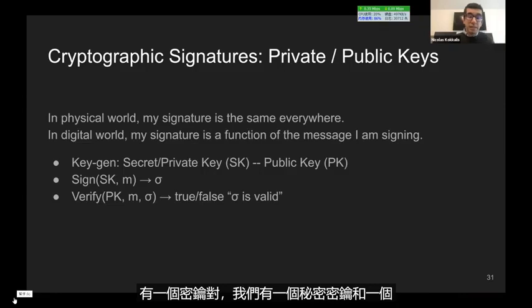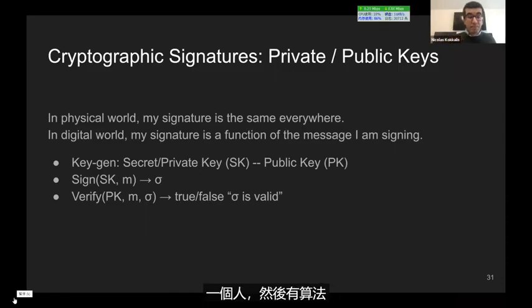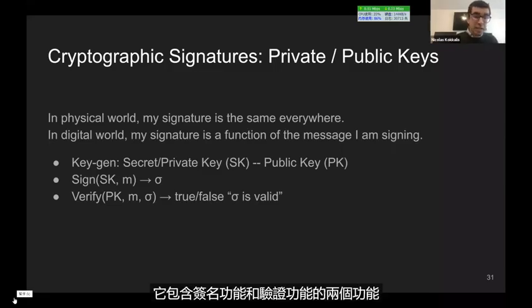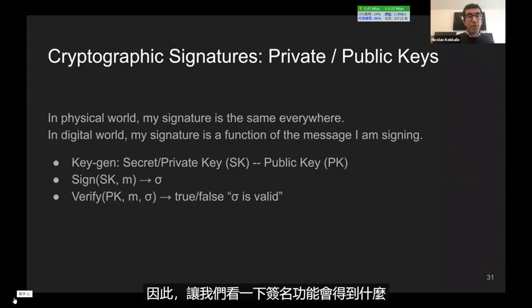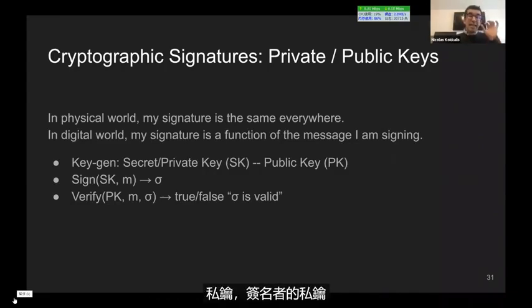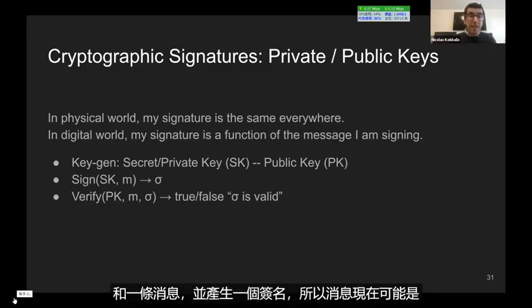We have a secret key and a public key that belongs to a person or is generated by a person. And then there is the algorithm, the cryptographic signatures algorithm, which contains two functions. It contains the signing function and the verifying function. So let's look at what the signing function does. The signing function gets the private key, the secret key of the signer, and a message, and produces a signature.